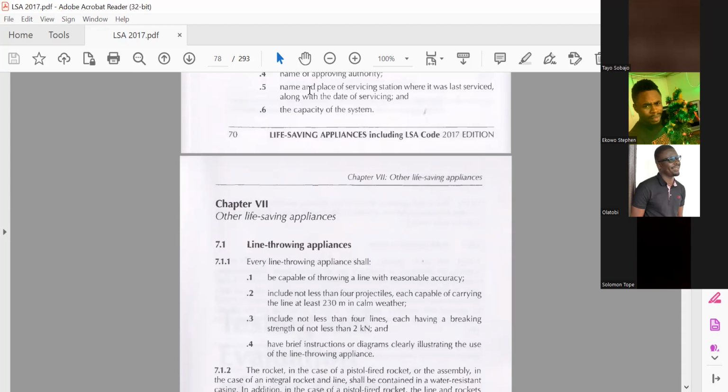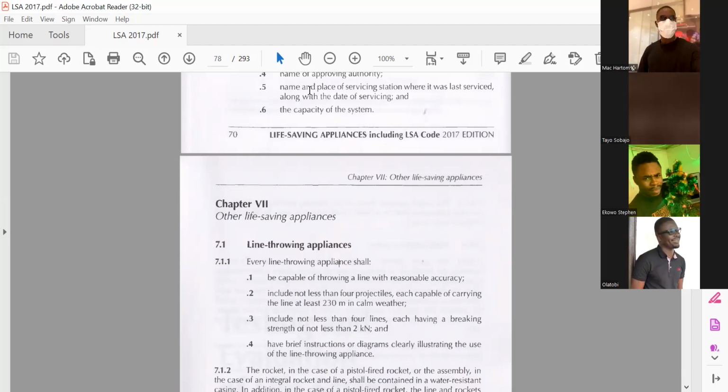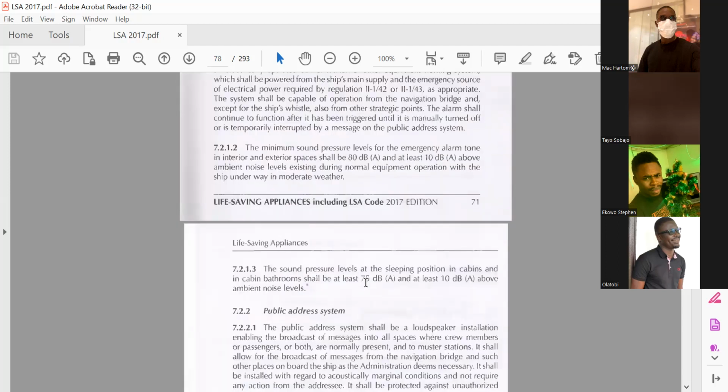You mean that because of that EPIRB we cannot sail? That's a small thing. We shouldn't be at that level. We should be speaking like professionals and understand why these reasons are there. The LSA code is there. We've come through 6 chapters of the LSA code.